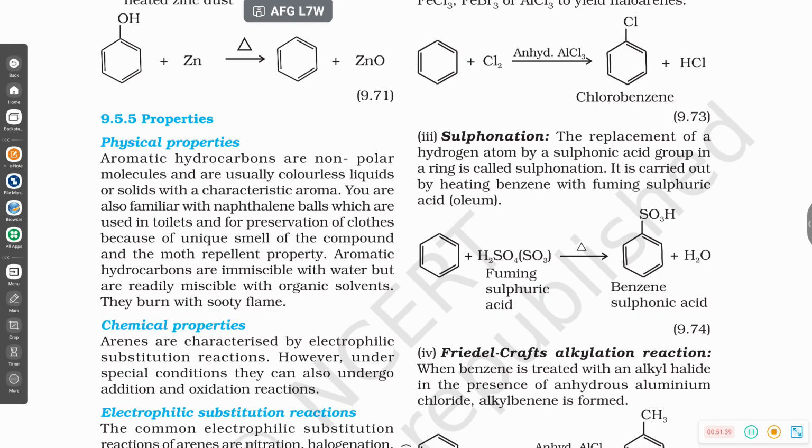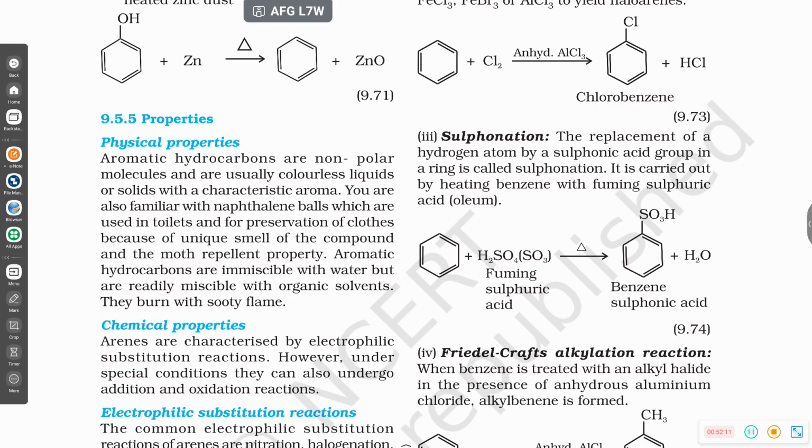This is a neutral electrophile. In sulfonation, SO3 is the electrophile. Very, very important. So SO3H forms, OH reacts and forms H2O here also. Nitration gives nitrobenzene, chlorination gives chlorobenzene, sulfonation gives benzene sulfonic acid.